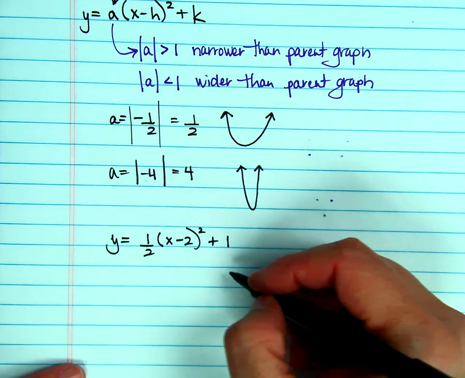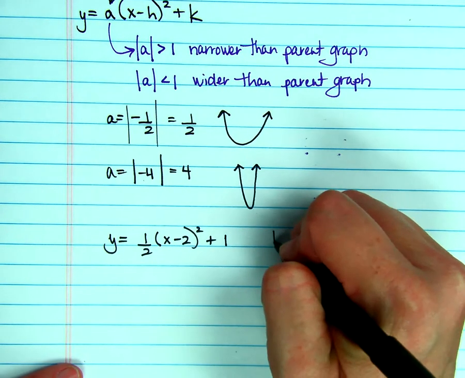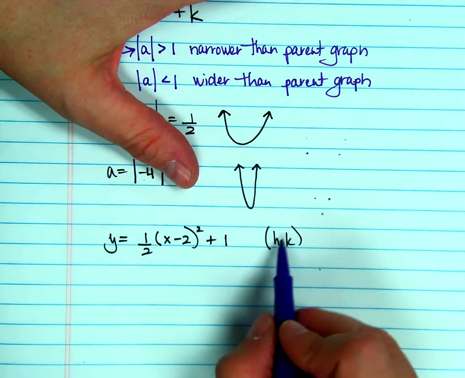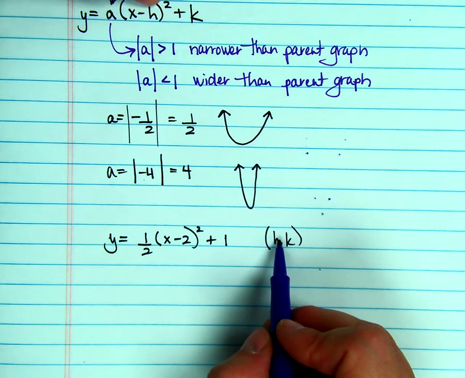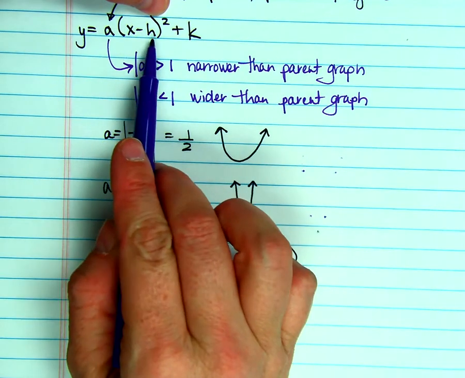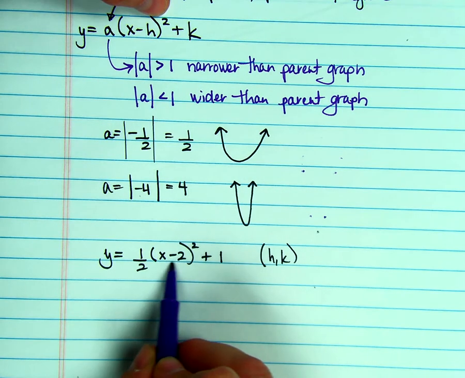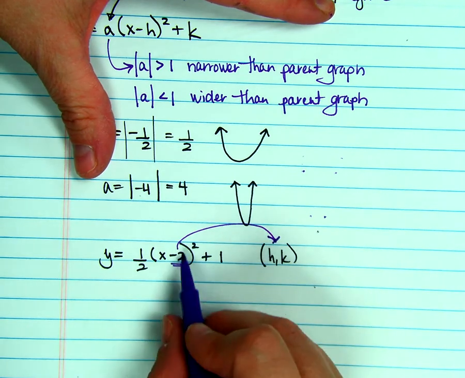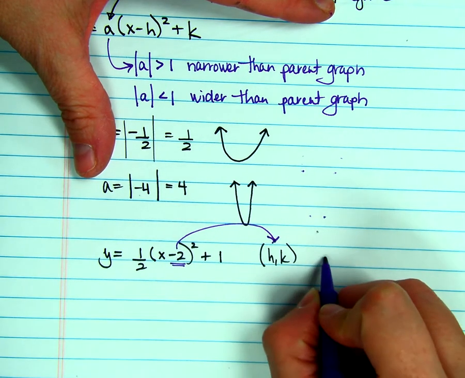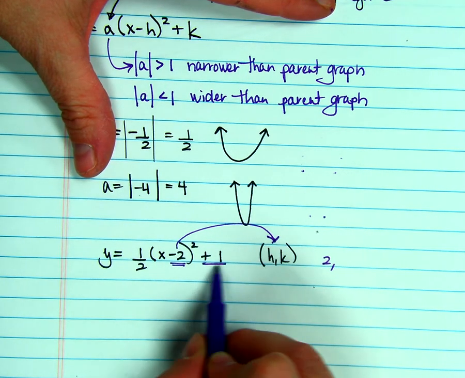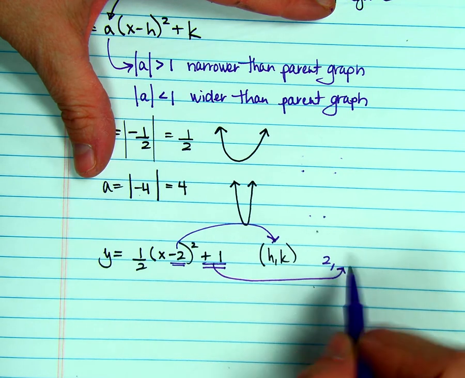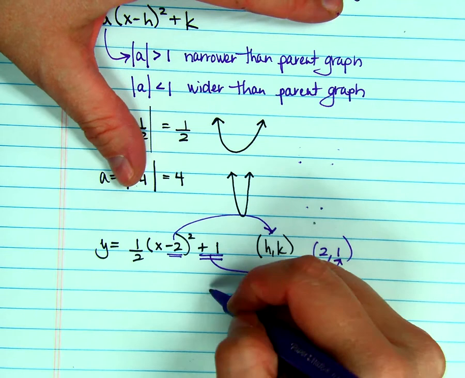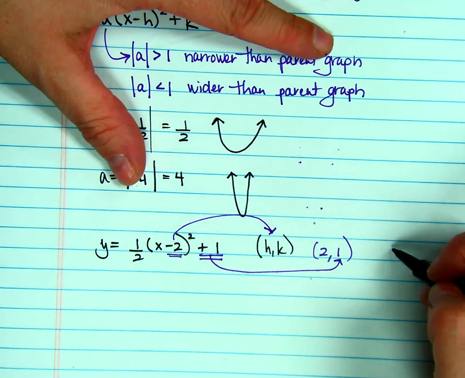We can pull out the h and the k, which is my vertex. This is h, but the formula is the opposite of h. So whatever you see here, you're going to do the opposite. So this is a negative 2 you see, so this is going to be a positive 2, and then k is exactly what you see here, of 1. So I'm going to have the ordered pair of 2, 1 would be my vertex.